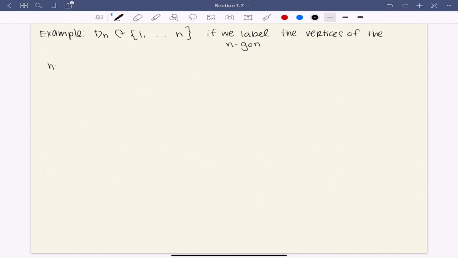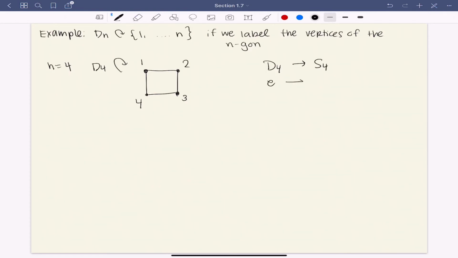So let's do n equal to 4 to be very explicit. Then I know that D4 acts on the square. It's got some rotations, it's got some reflections, but if I number the vertices of the square, then I can realize a map from D4 to S4 by seeing what D4 does.